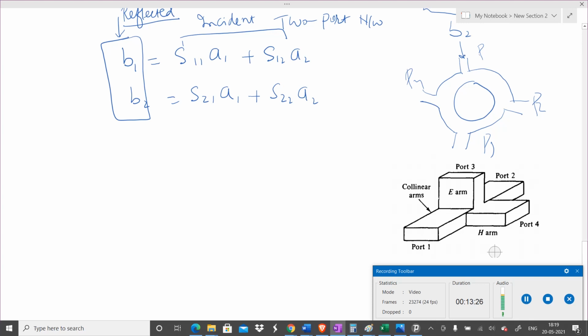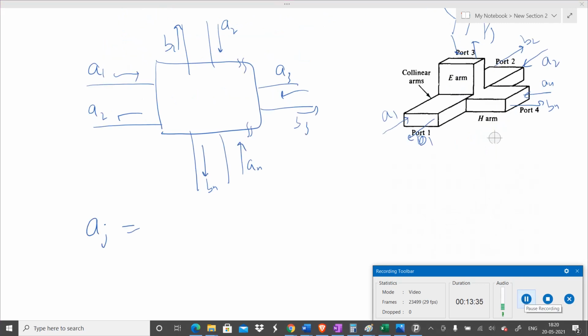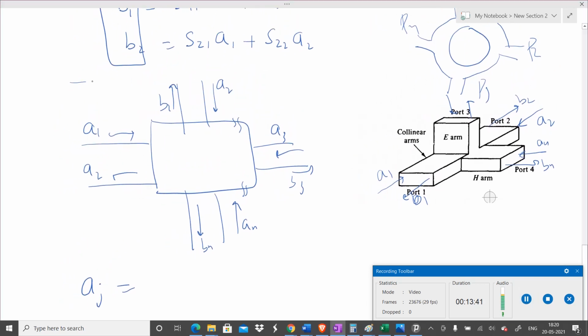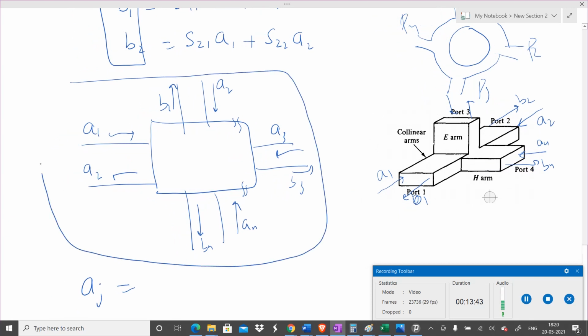So we will write S parameters for general ports. Here I first of all draw an n port circuit, n port microwave junction. So here is the example of n port microwave junction.